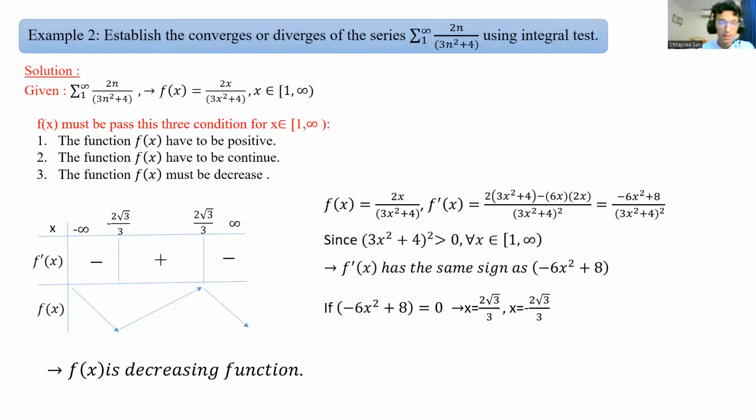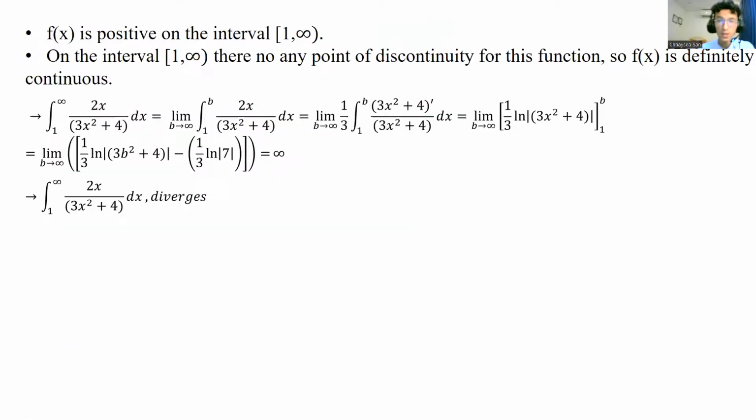There are still two other conditions. f(x) is positive on the interval from 1 to infinity; in this interval there is no value that makes this function negative. Also, on the interval from 1 to infinity there is no point of discontinuity, so f(x) is definitely continuous.